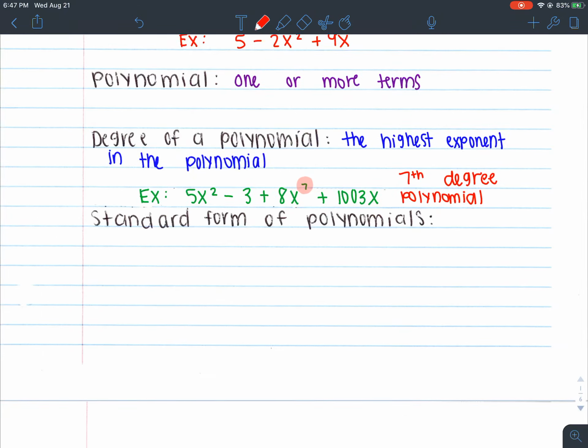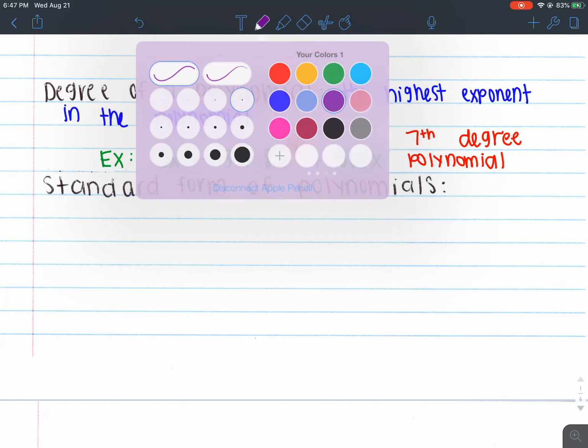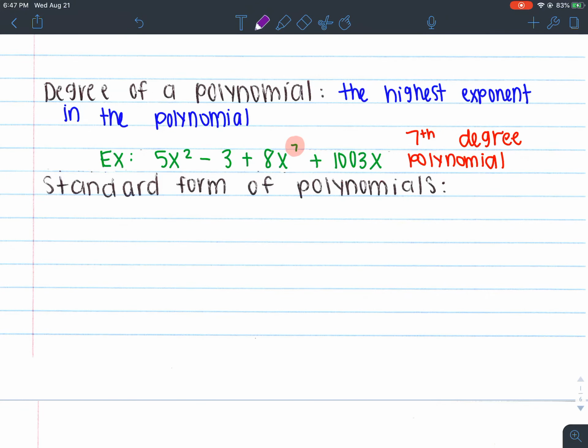Okay. Standard form of a polynomial. So I'm going to kind of word this in a weird way, but the definition's pretty simple.